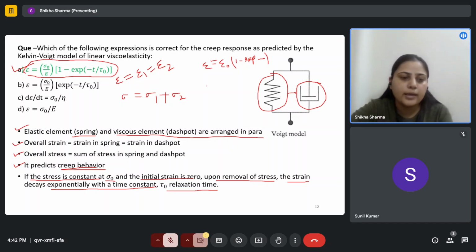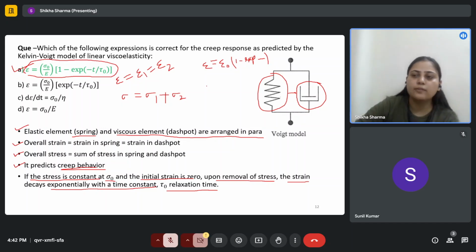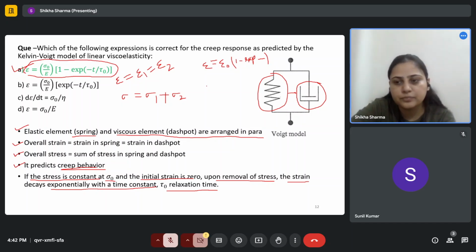So here strain is decaying, there stress is decaying, right? So you understood both the models, Kelvin-Voigt and Maxwell, which is very important for today's lecture.